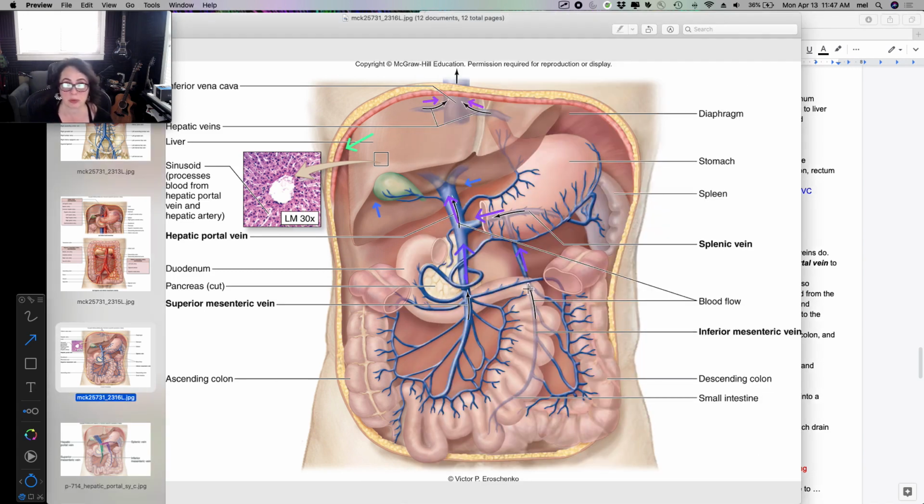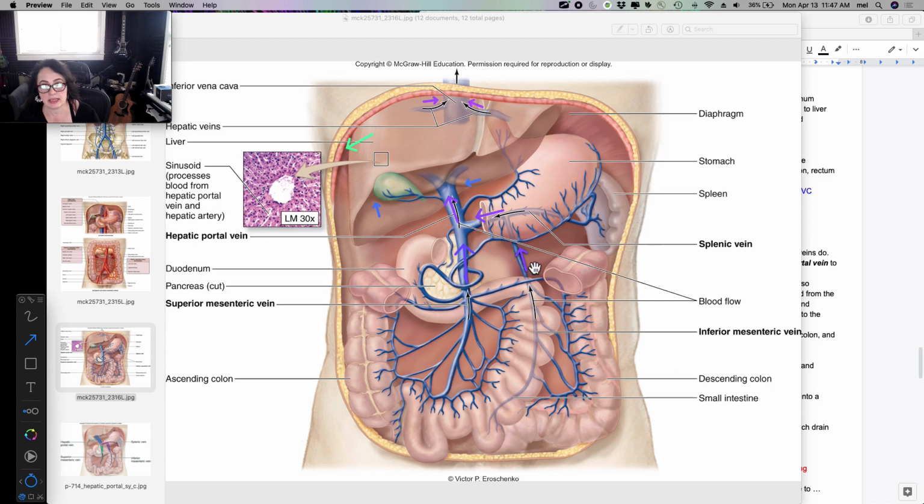Okay, so we're going to go through this one more time, and then I'll tell you what the spleen does too. What I'm doing in this is gathering blood from the distal portion of the colon, the descending and sigmoid colon. So this is the inferior mesenteric vein.